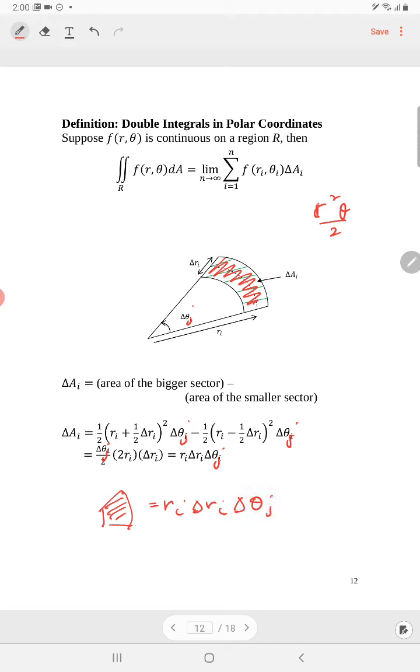And then when we want the area of the whole region, we have to sum this up. Okay, sum these two up as well.